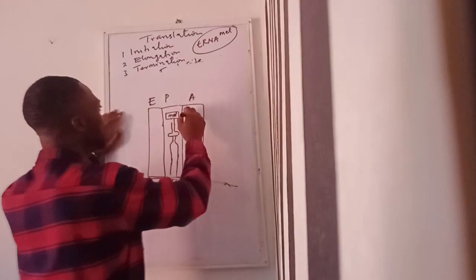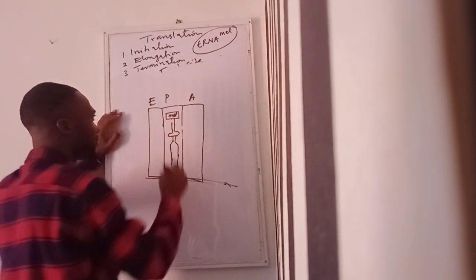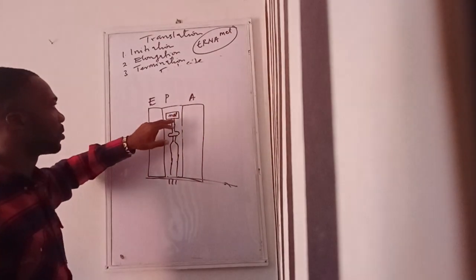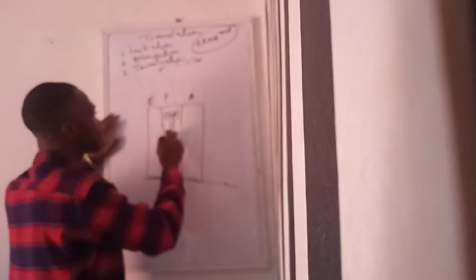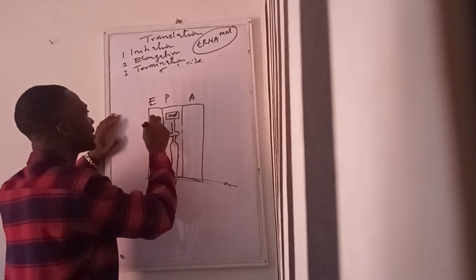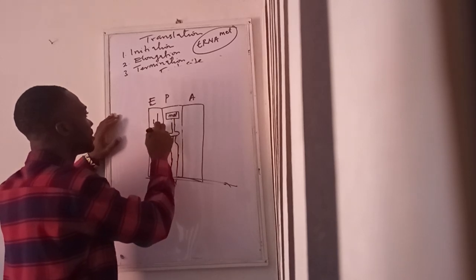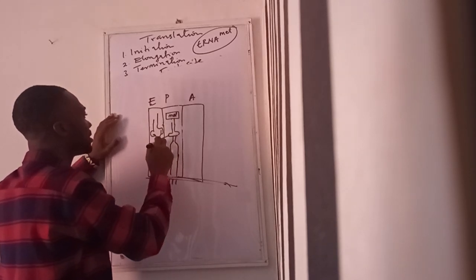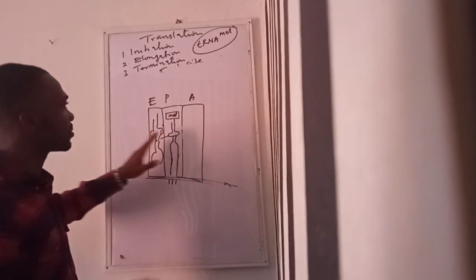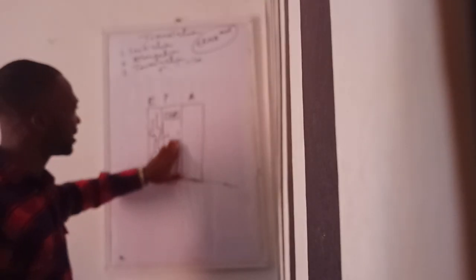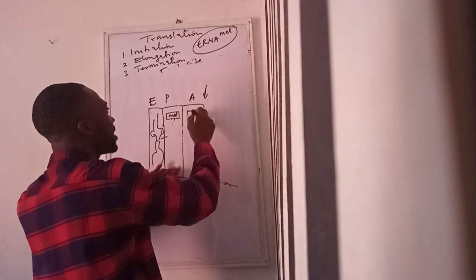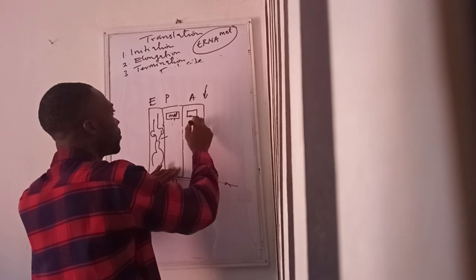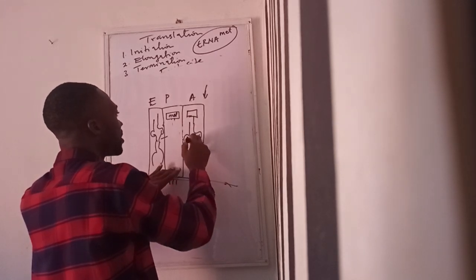So this transfer RNA carrying this methionine, once it deposits this amino acid, enters into this E site. And once it enters into this E site, that means that here is now open. Then the second transfer RNA carrying another amino acid comes here, carrying its own amino acid.